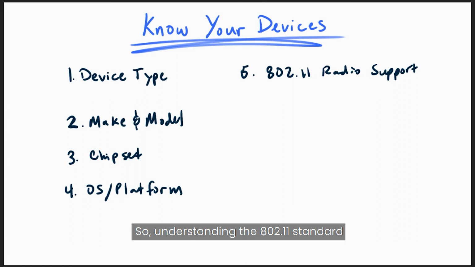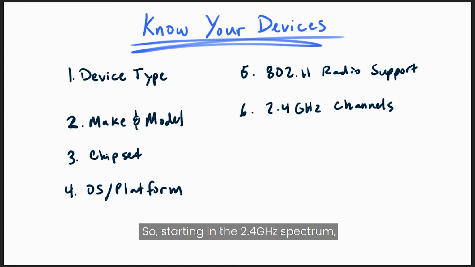So understanding the 802.11 standard for your devices will have a large impact on your design and configuration. Okay, so starting in the 2.4 gigahertz spectrum, what channels can that device support? Typically, we'll find most can support 1, 6, and 11, but you just need to make sure what channels specifically that device can support in the 2.4 gigahertz spectrum.